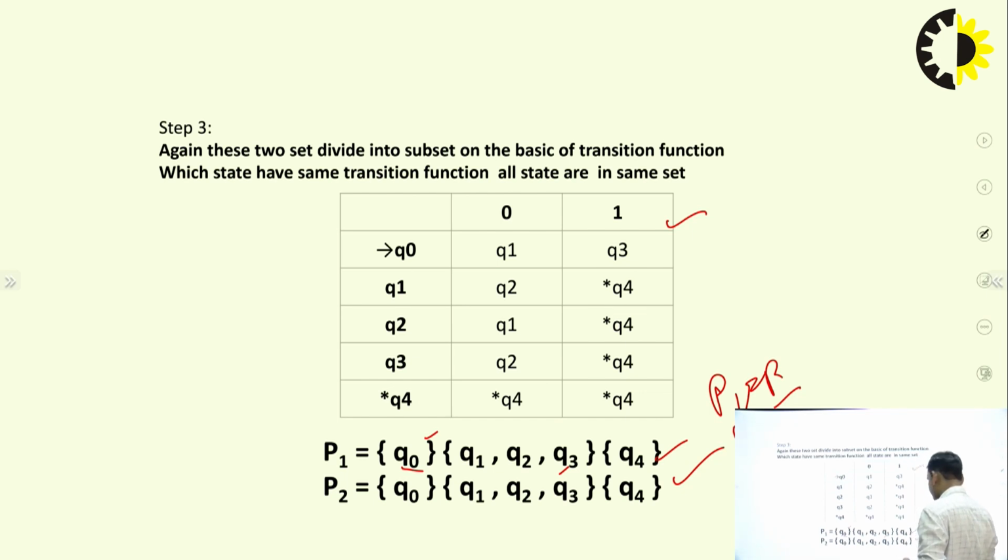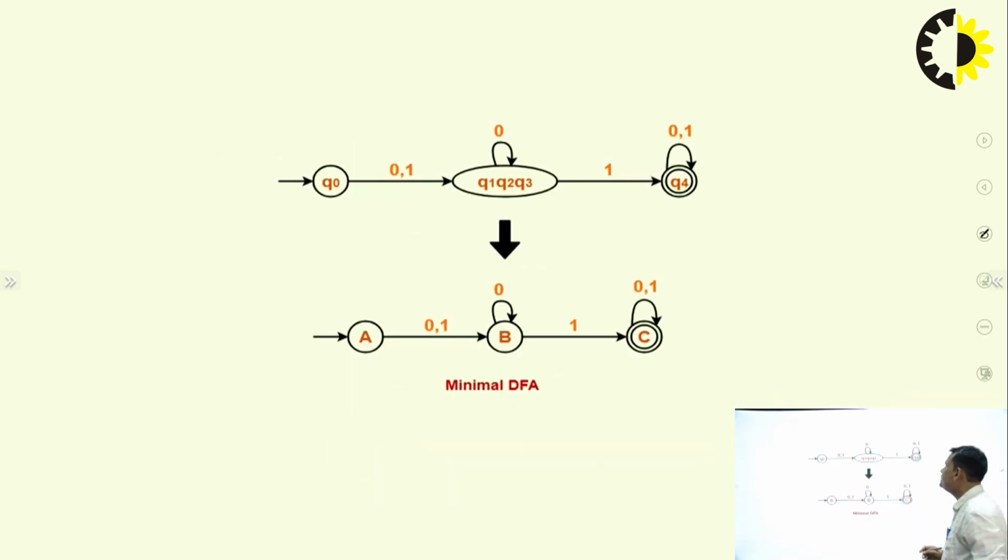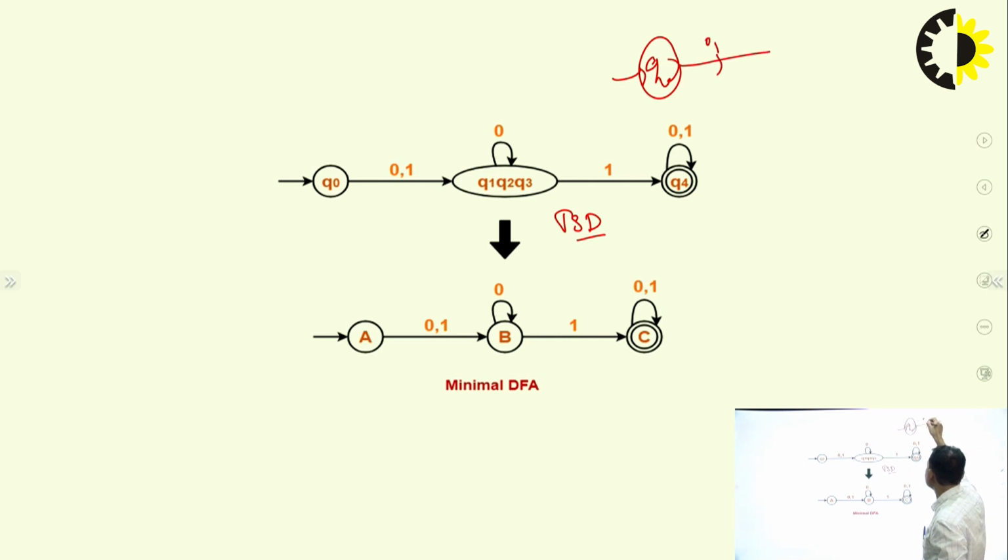Q0 is set number 1, Q1, Q2, and Q3 are set number 2, and Q4 is set number 3. The minimized DFA transition state diagram: Q0 is the initial state. On inputs 0 and 1, the next state is Q1, Q2, Q3.